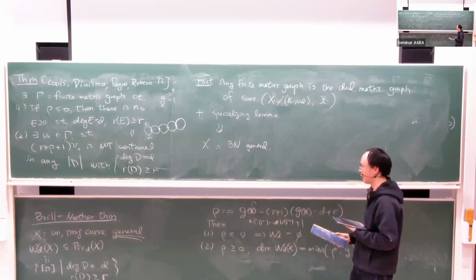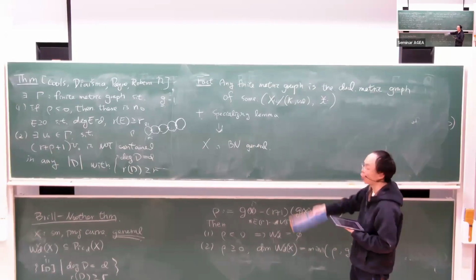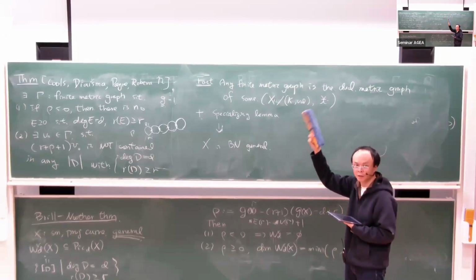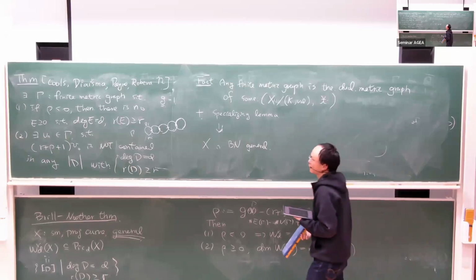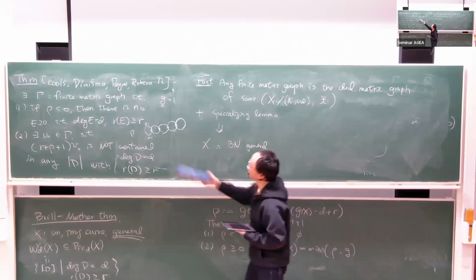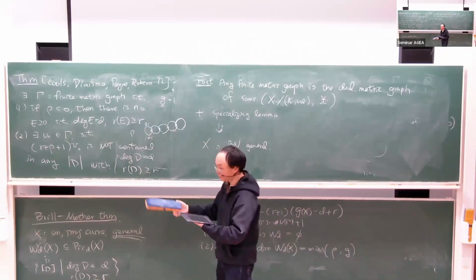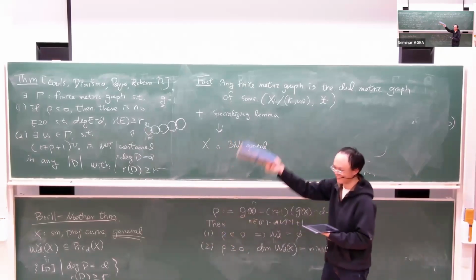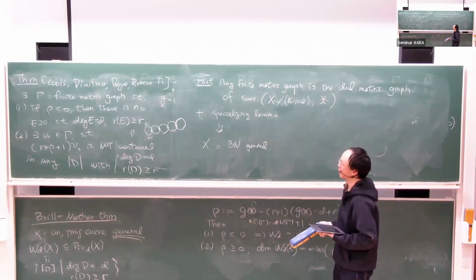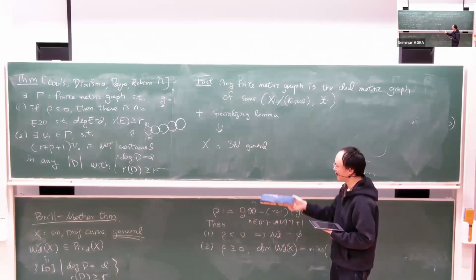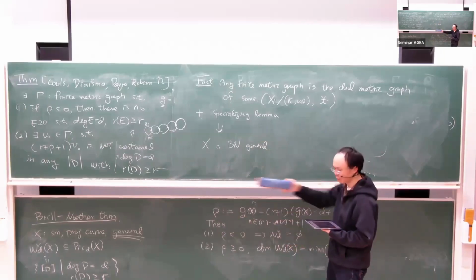Is it possible to prove that conversely, if you start with a Brill-Noether general smooth projective curve and you take any skeleton of X, you obtain a finite metric graph, and the finite metric graph satisfies the same? I don't think so. You only have one direction, because the specialization map says that the rank will be larger. I say inequality instead. For example, the first item says that something is empty, but if the rank becomes larger, then something else might appear. So this kind of argument only works in one direction.